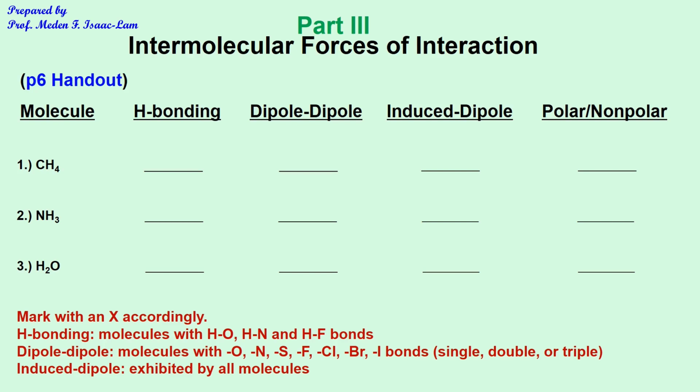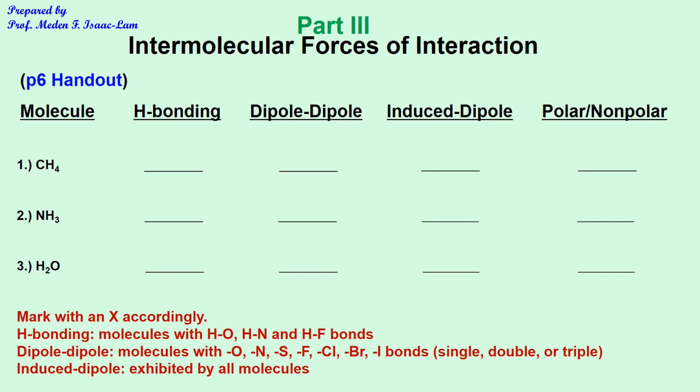And then induced dipole is exhibited by all molecules. Therefore, for the induced dipole, you will mark an X for the 3 examples on this slide. So now mark an X in your handout, induced dipole, for all of the 3 molecules on this slide.